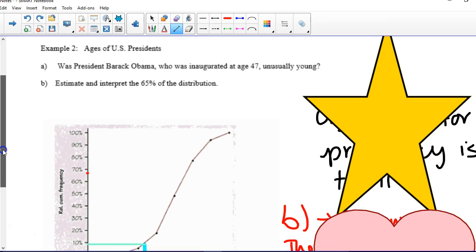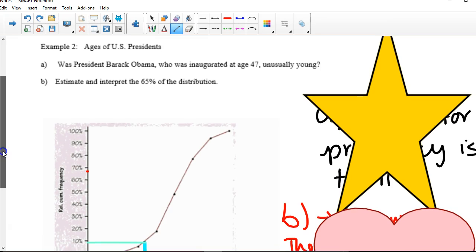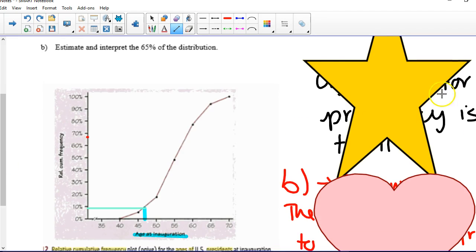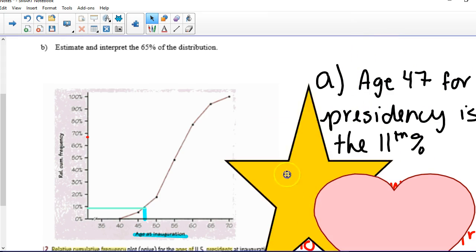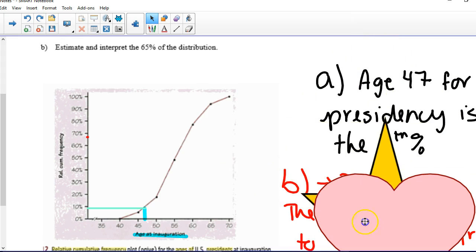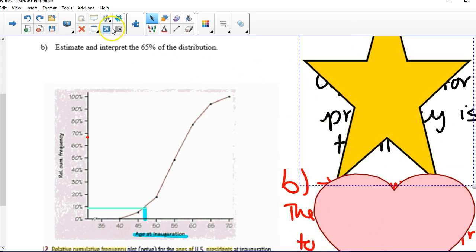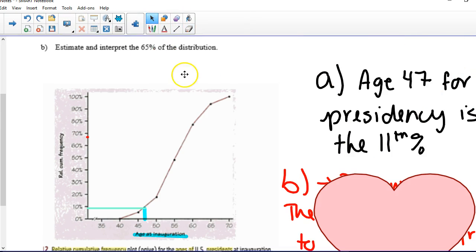So the answer, I would say, for part A was President Barack Obama, who was 47 at inauguration, unusually young. It looks like he's in about the 10th percentile. Now the question is, oh, I put 11th percentile. I'm going to change that to 10th, approximately, right? Give me 1 second here. I'm going to actually type it out here.